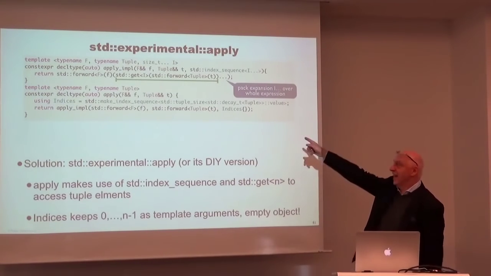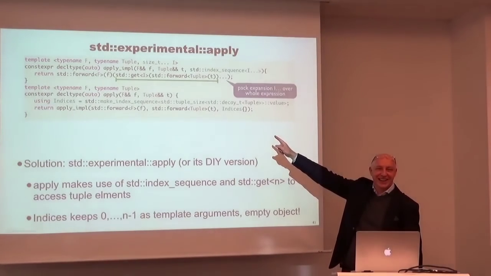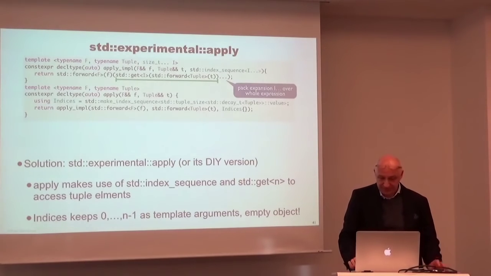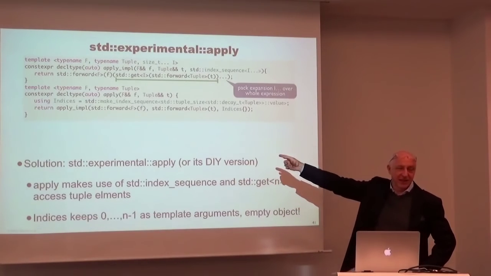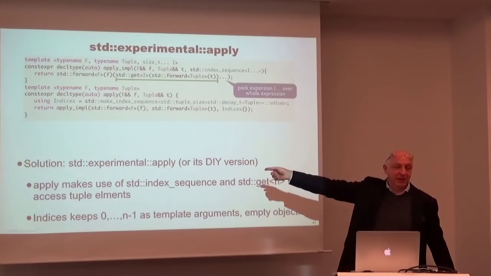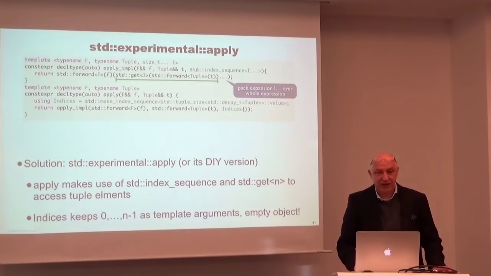And whoever understands that on a first impression, I'm impressed. So that's actually something you will never need to write again in the future, because it's an example in the C++14 standard, and it will be in the library in C++17.